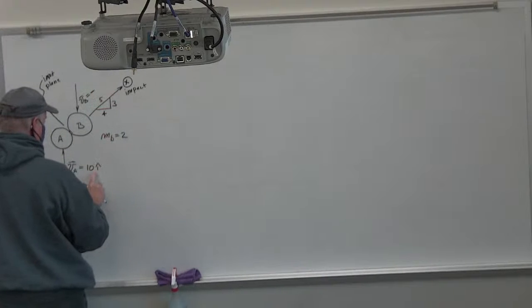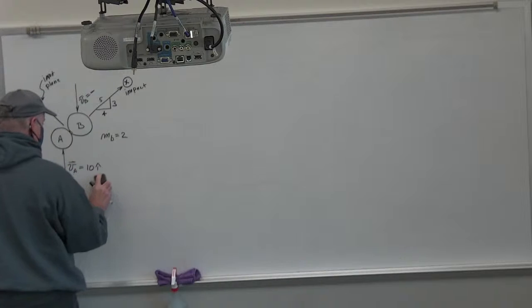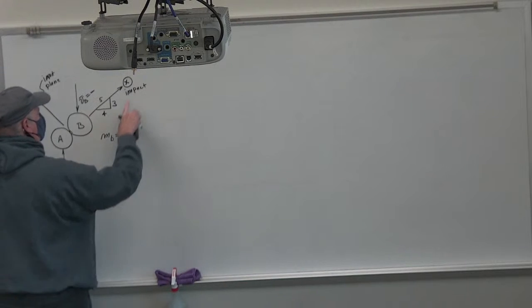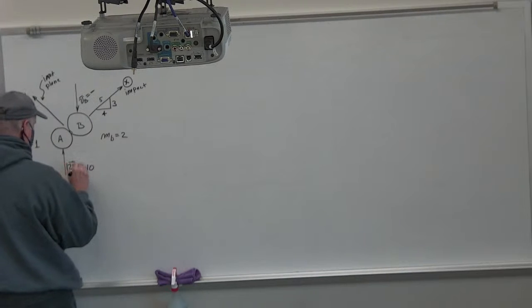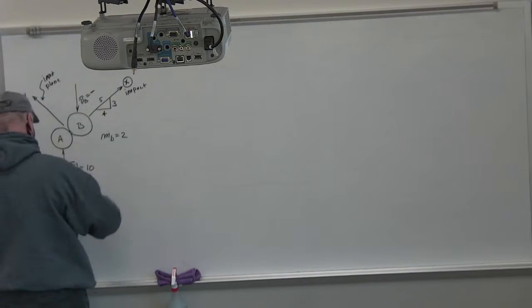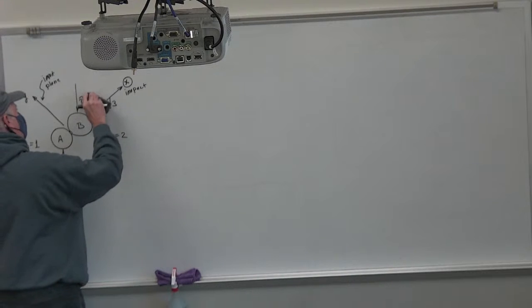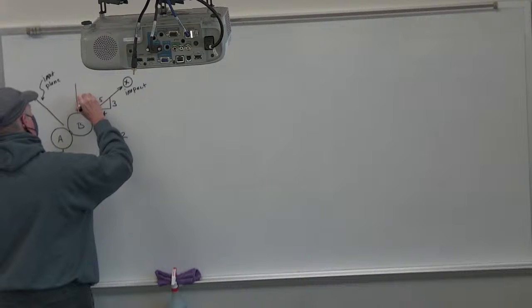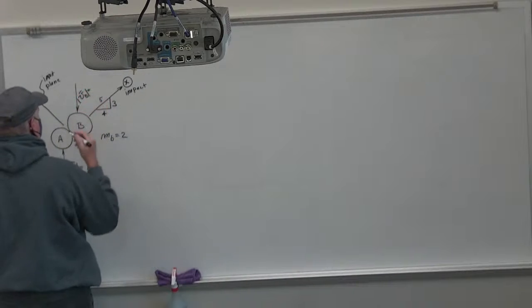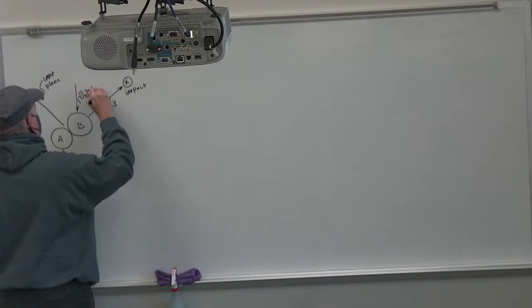Now, that's incorrect. We'll just, that is i associated with that. So we're just going to say the magnitude of VA is 10. The magnitude of VB is equal to 15.